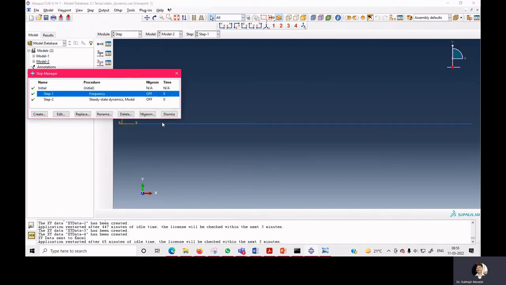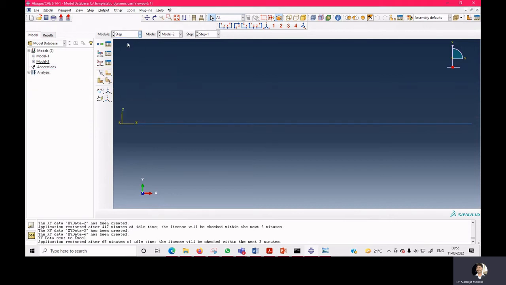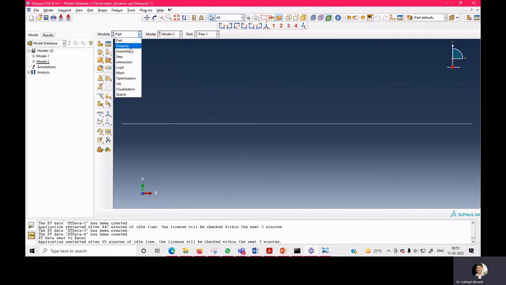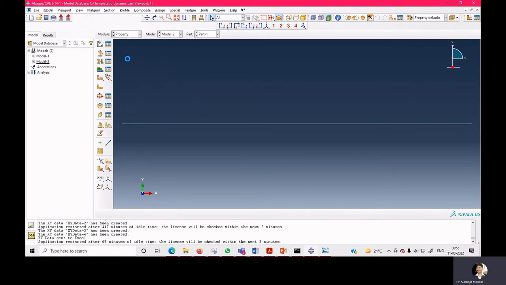Now here what we are going to do, we are going to see how the damping is affecting our steady state response. Okay, so we have defined the property, we also have defined the meshing, loading, all the things we have defined.